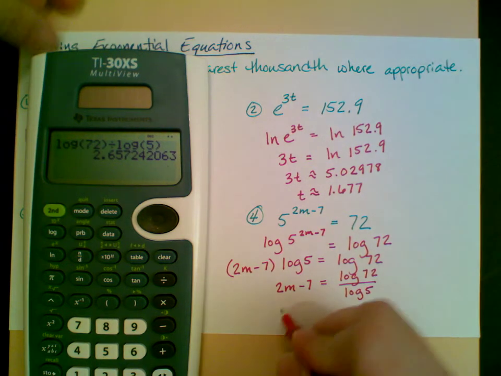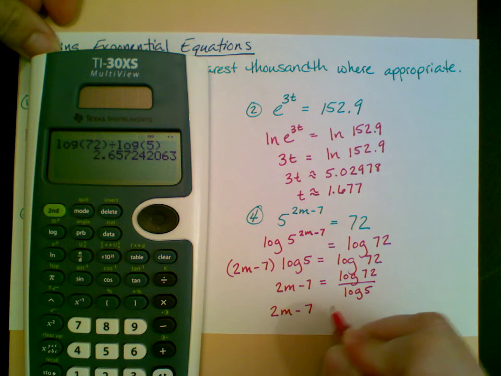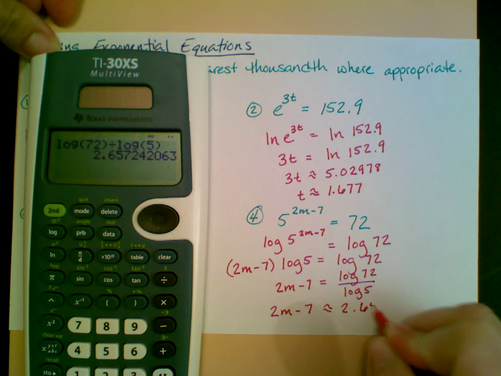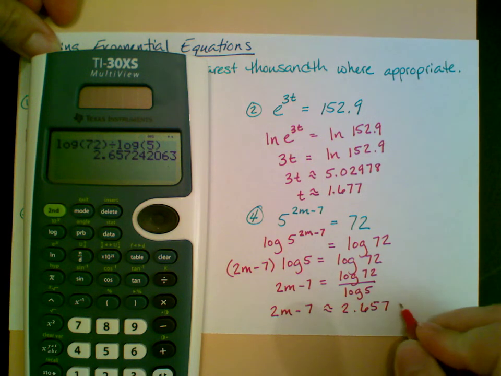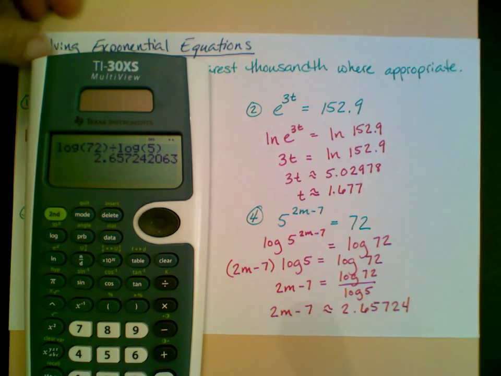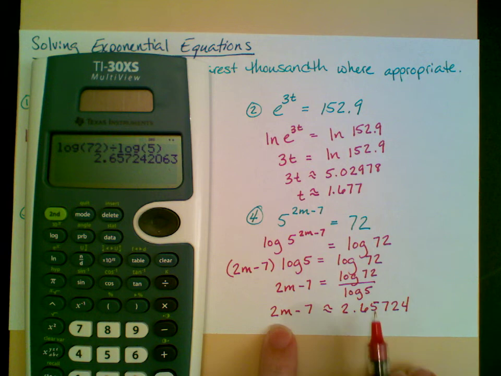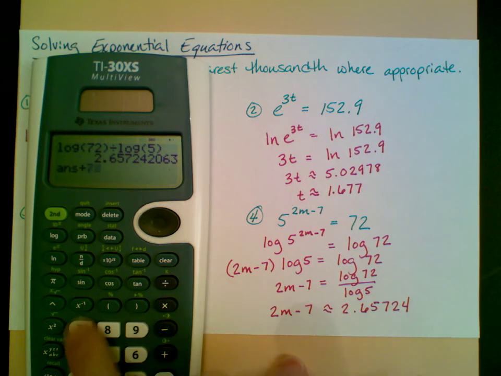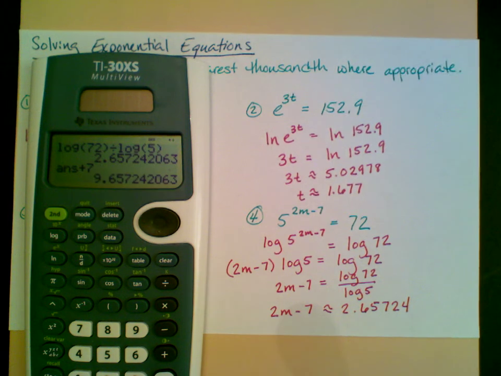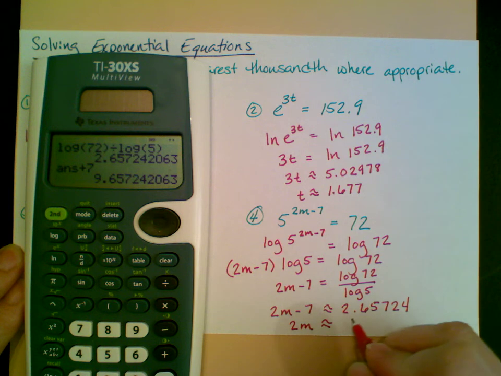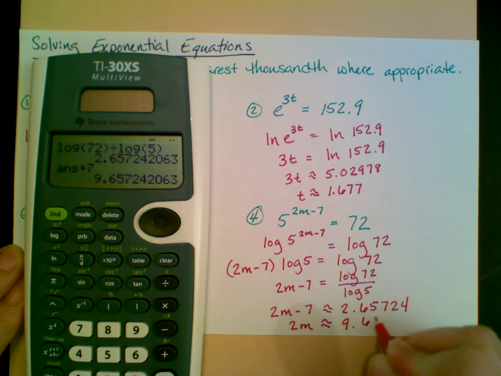So I have 2m minus 7 is approximately equal to 2.65724. Since I'm not completely done, I'm going to write a few more decimal places than I need to. Then I'm going to add a 7 to both sides, and I can do that straight in the calculator. So 2m is approximately equal to 9.65724.